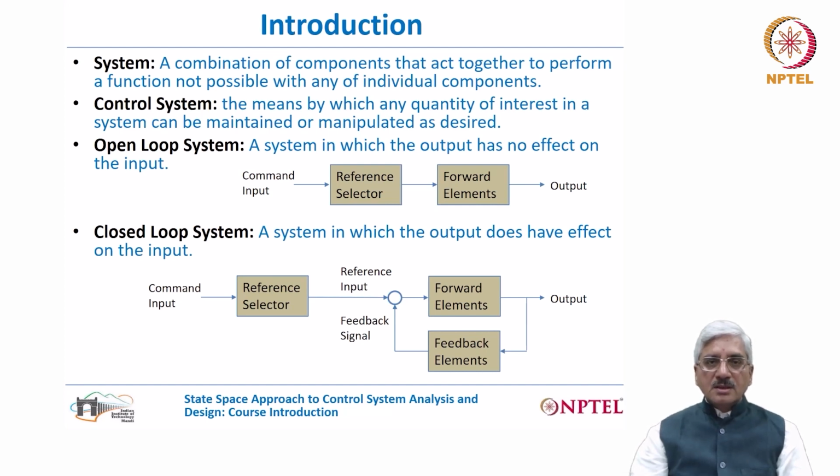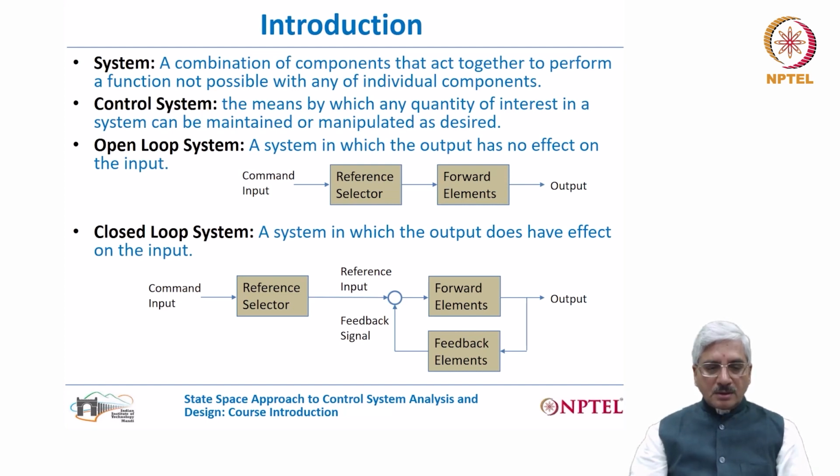We will see in case of some of the examples. And a control system generally is associated with a system, that means by which any quantity of interest in a system can be maintained or manipulated as desired in a desired manner.